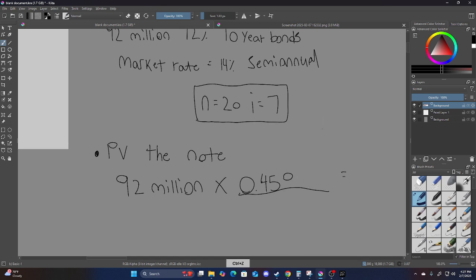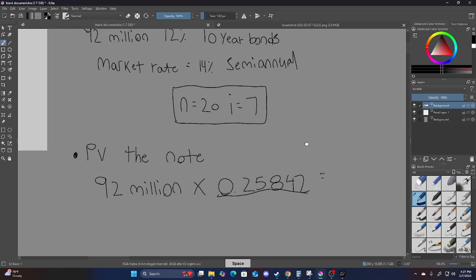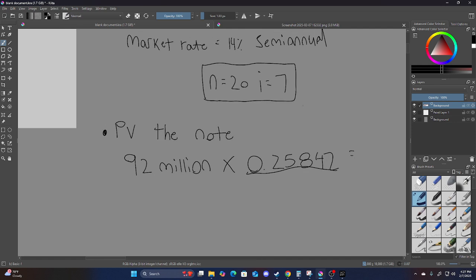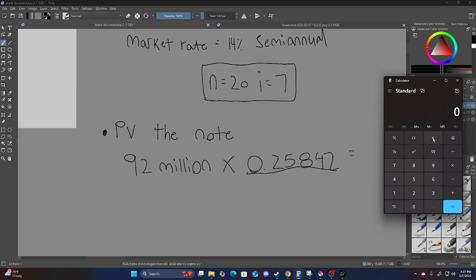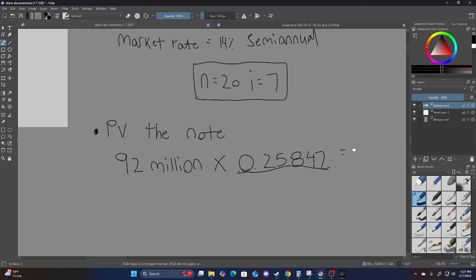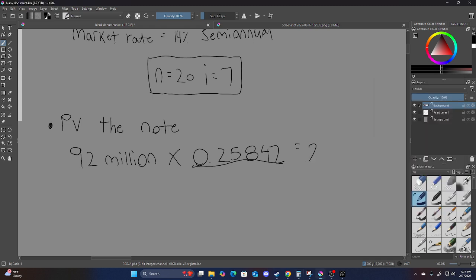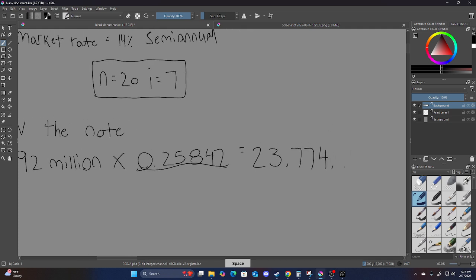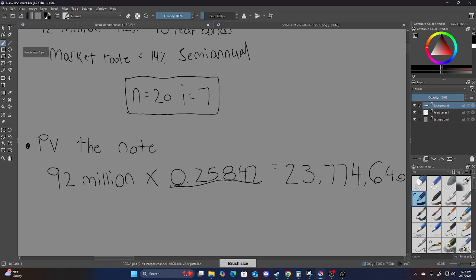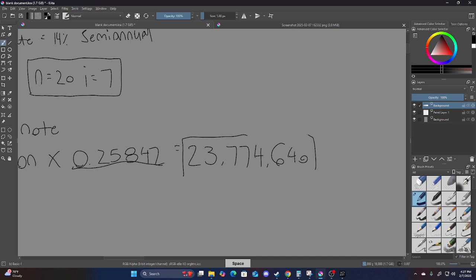So we just multiply these two numbers together. $23,774,640. Okay, let's just draw a box around that number.